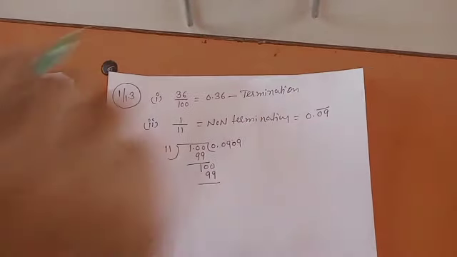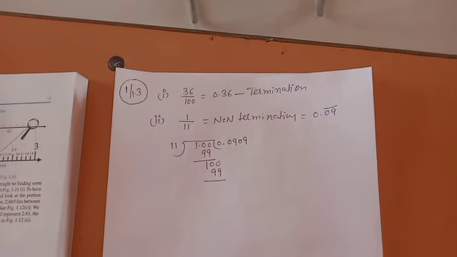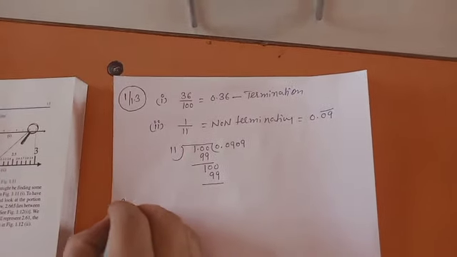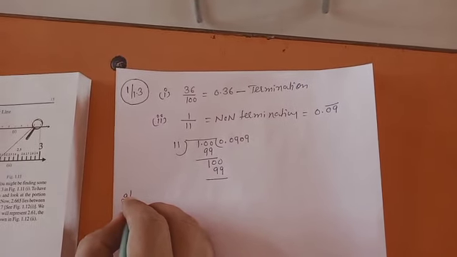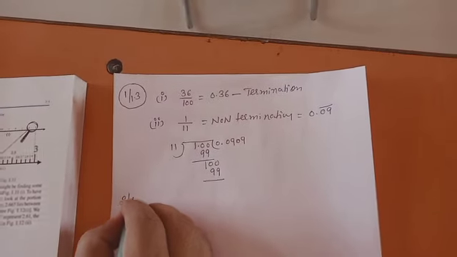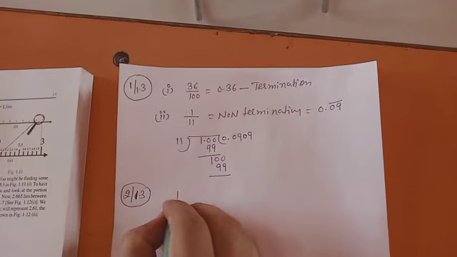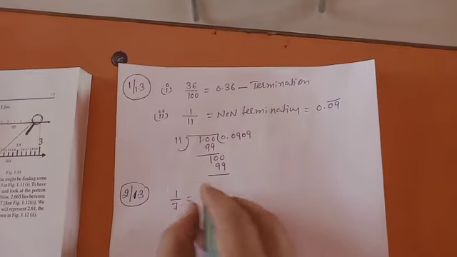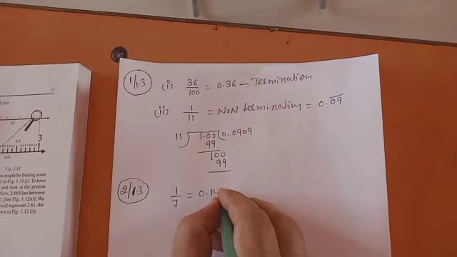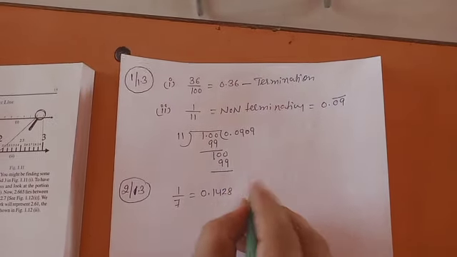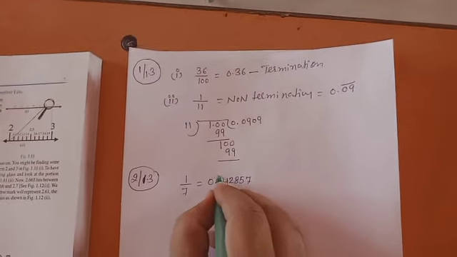Next question given, a very important question. Students mainly say, sir, we don't understand this, tell this question. Exercise 1.3. You know 1 by 7 is equal to 0.142857, and bar on how many numbers?